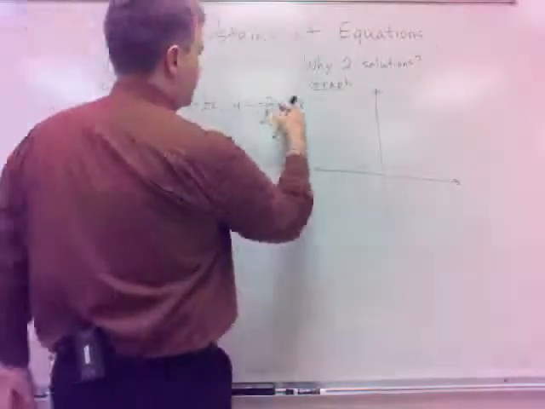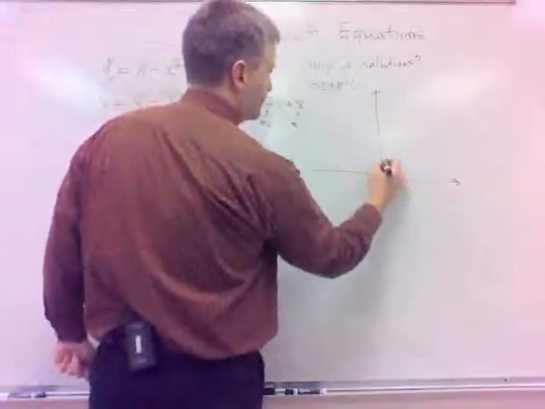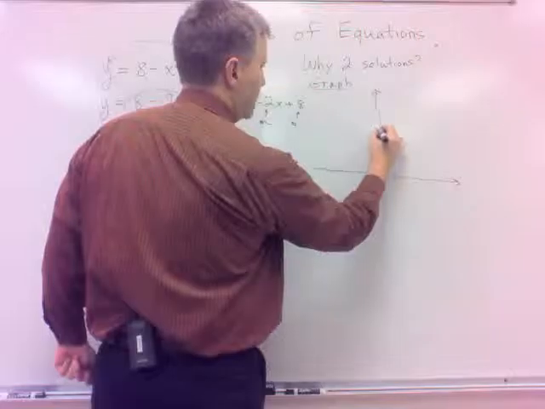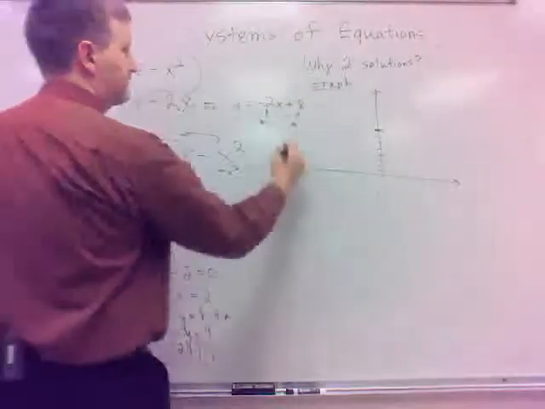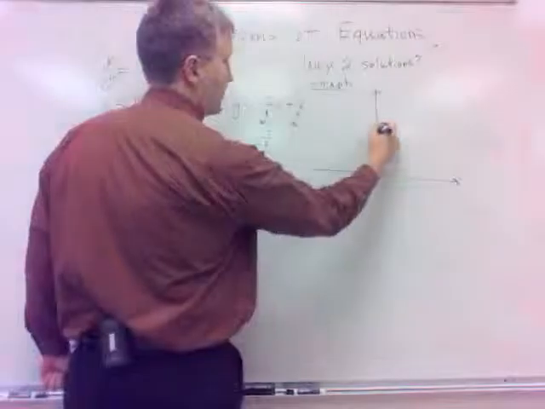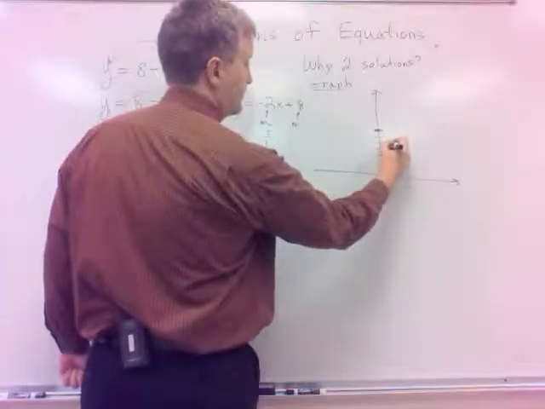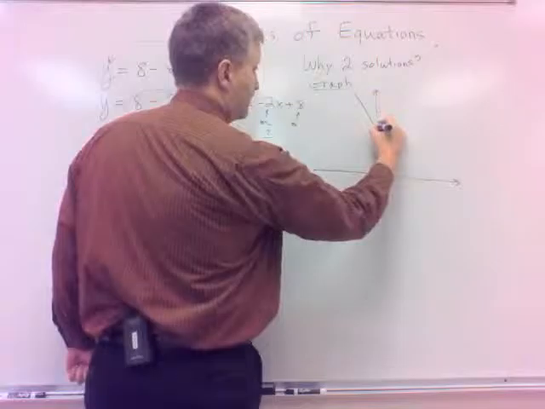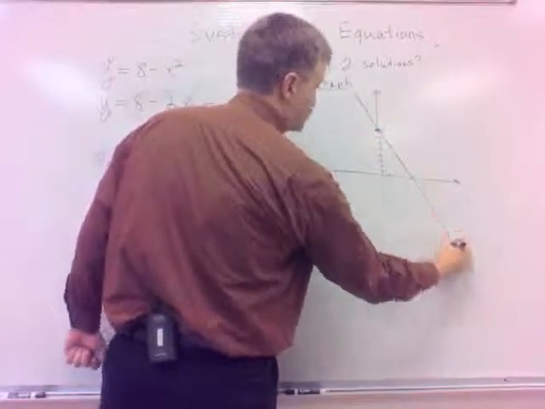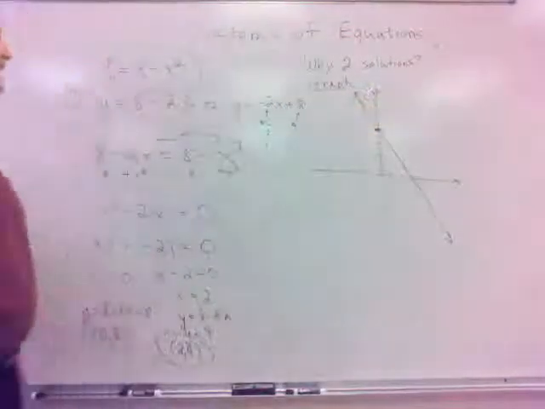So m is negative 2, the b is 8. So 1, 2, 3, 4, 5, 6, 7, 8. Negative 2 over 1. So let's rise negative 2, down 2, and then run 1. I'm seeing that is the line.